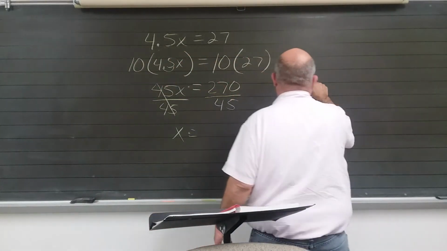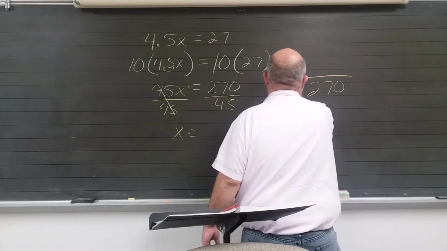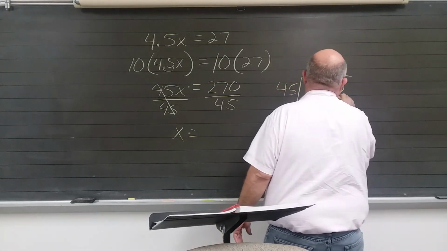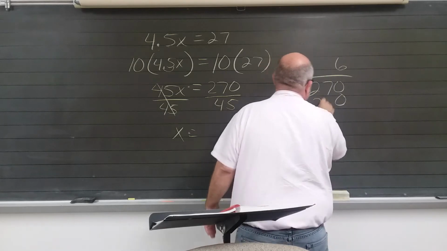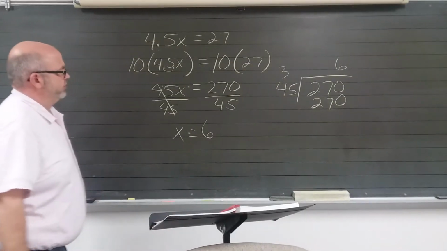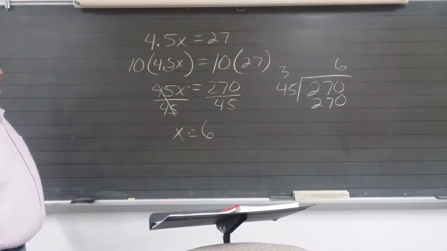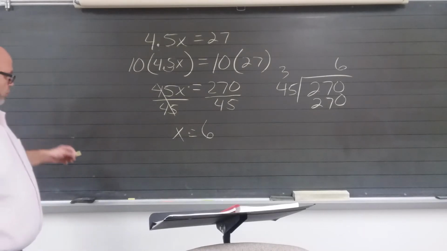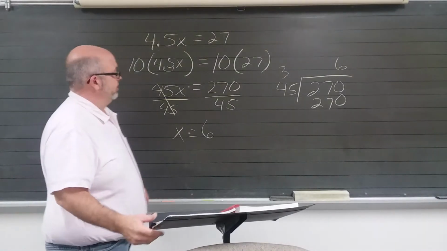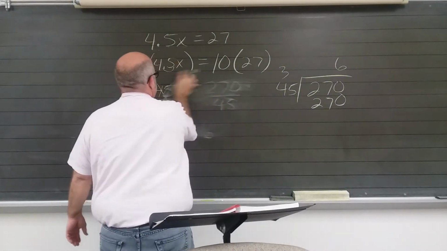Probably about 6. 6 times 45 is 270. Yes. Your answer is 6. Number 1, the answer is 6. Multiply both sides by 10. Do the work like you're used to doing it, and get your answer. X equals 6.